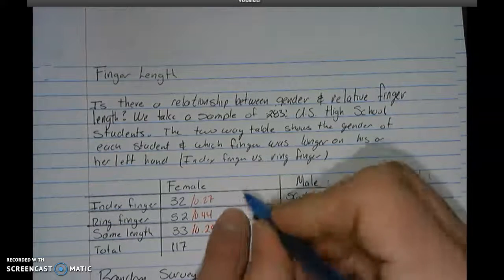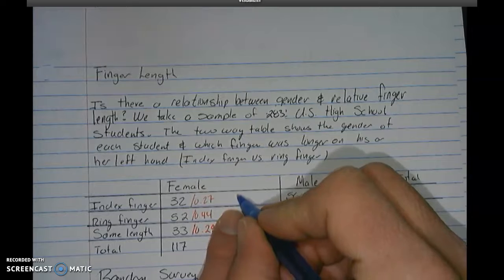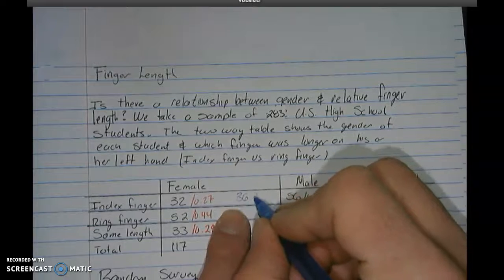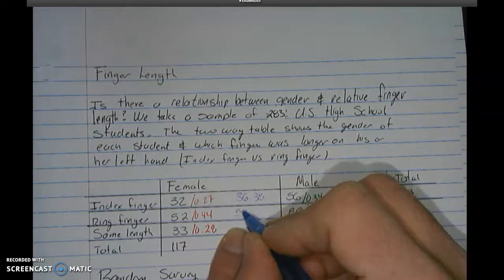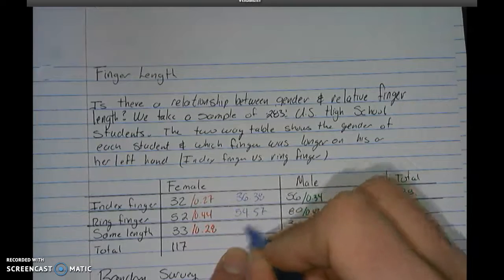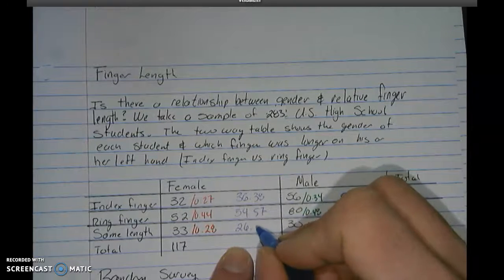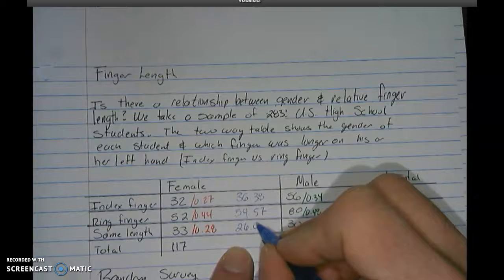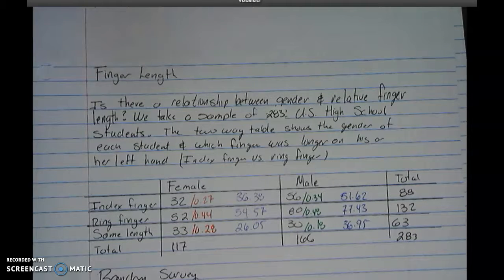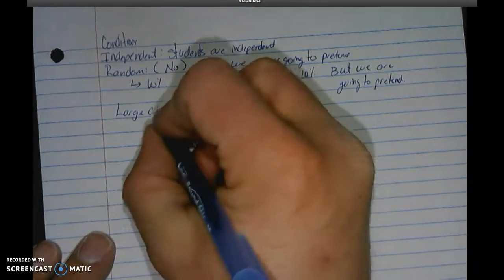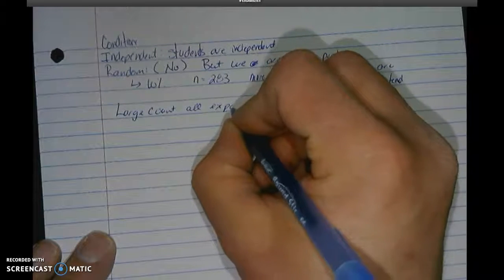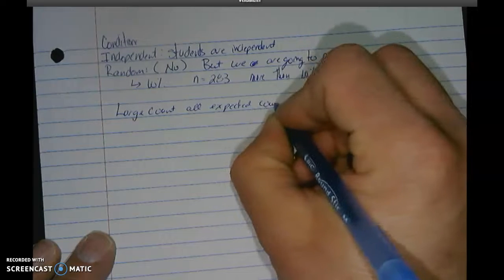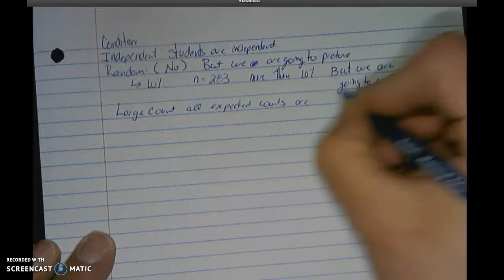And the other one, index, 36.38. Ring, 54.57. And same, 26.05. And fun fact, all those numbers are bigger than 5. So all expected counts are larger than 5.